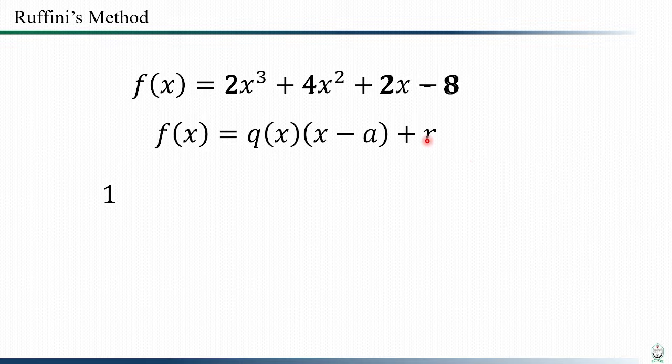For example, we have this f of x given to us, 2x cubed plus 4x squared plus 2x minus 8. And our goal is to convert this function into this format. For simplification, we will start with one value of a that we know for sure is a root of this function.